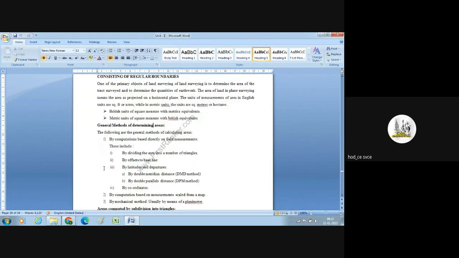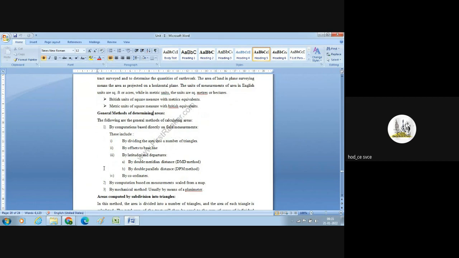Here they have a general method for how we are going to calculate the area. These are the various methods of computation based on field measurements. Directly we measure the distance from one point to another and, based on that, calculate the area, as you do in your laboratory, right?